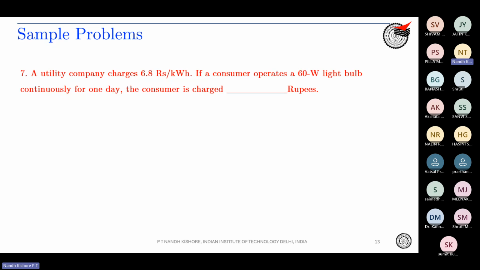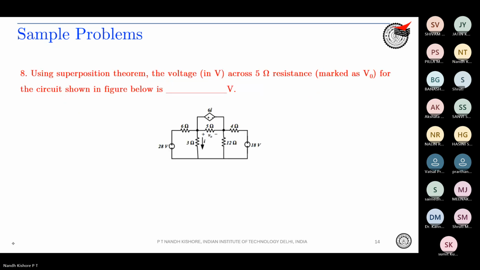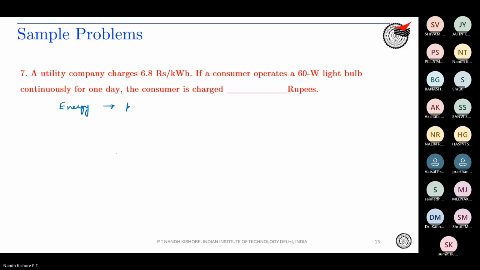By the way, kilowatt hour is a measure of energy. You know energy is power into time. So power is expressed in watts and time in seconds, so this is the SI unit. But in practice, we do not represent it as watt second. We represent it in kilowatt hour.